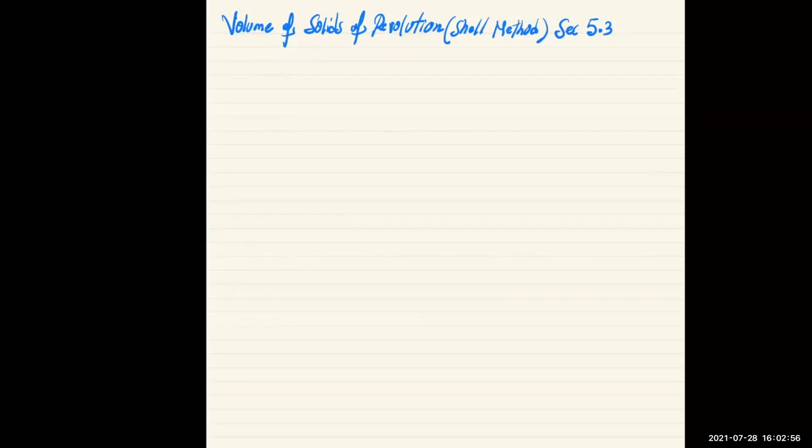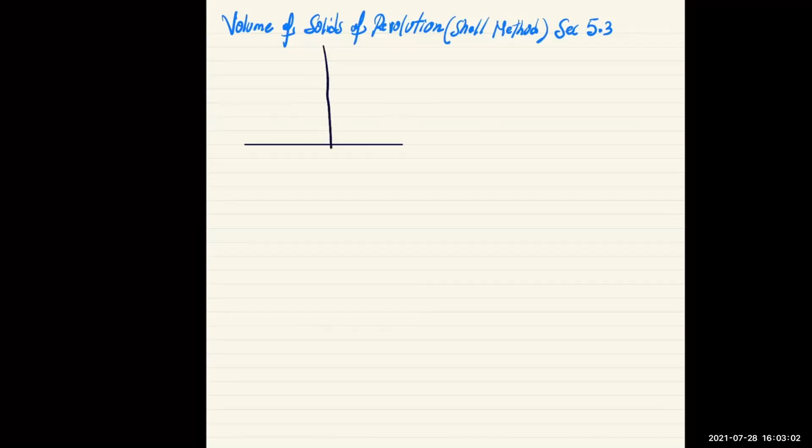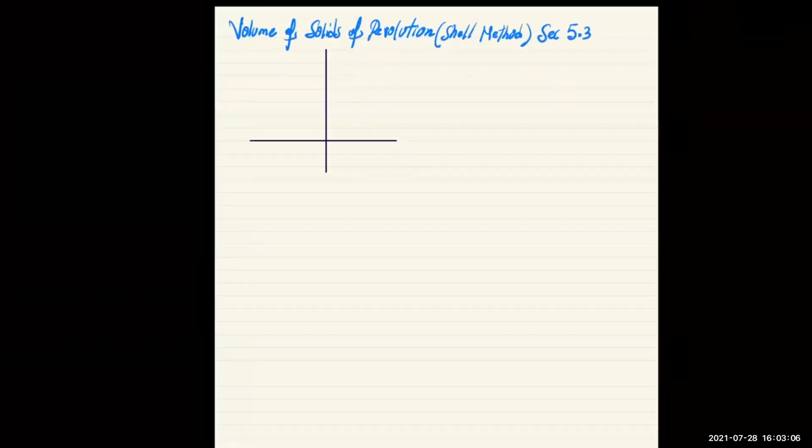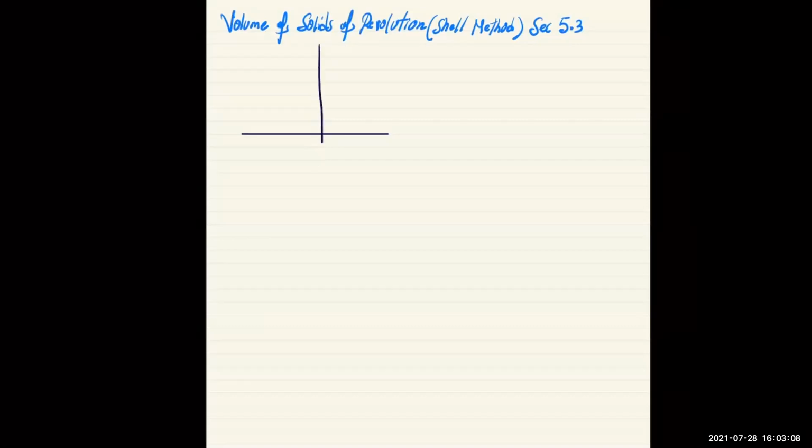So let's say we have some function, and how are functions typically given to you? y equal to f of x, right? That is a typical function. And let's say here is the graph of y equal to f of x, and this is the region.